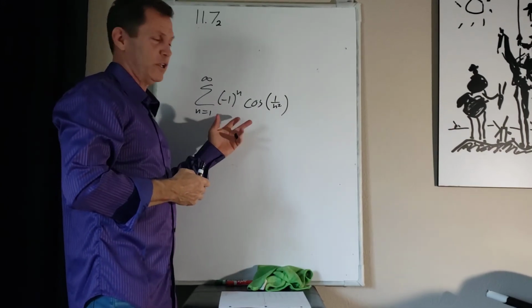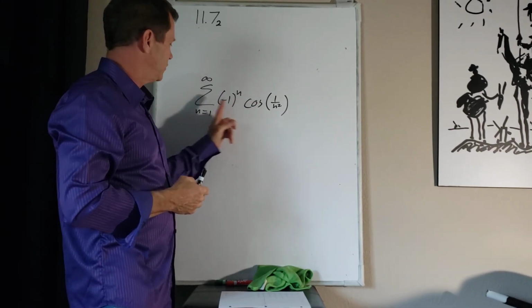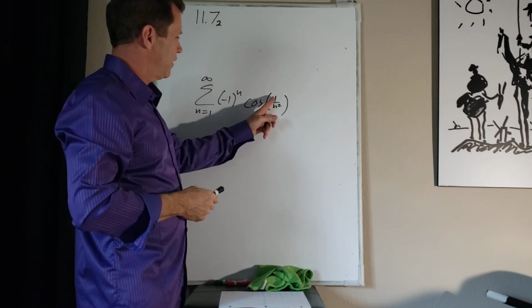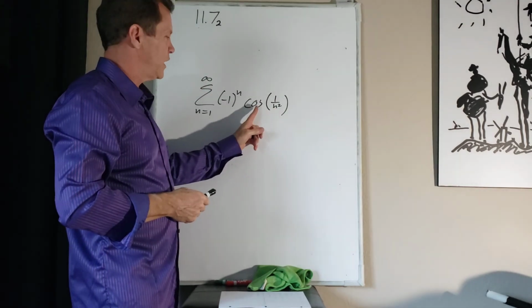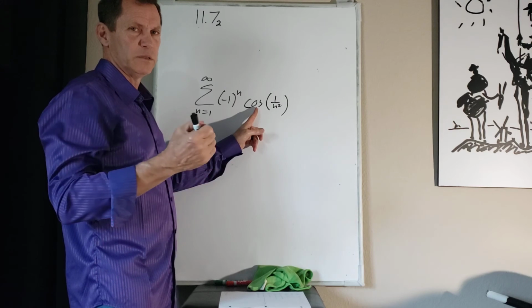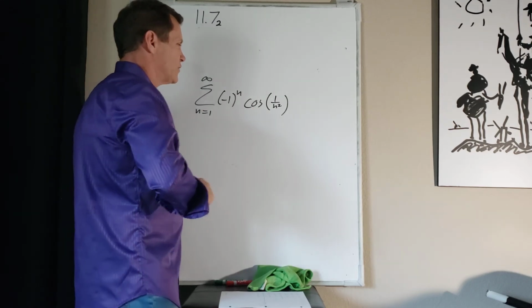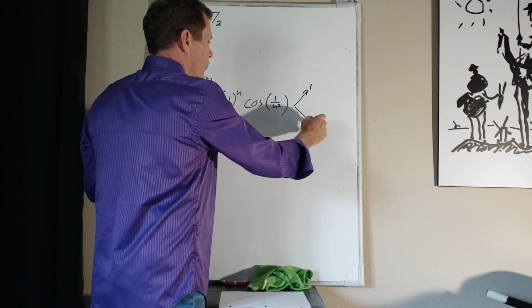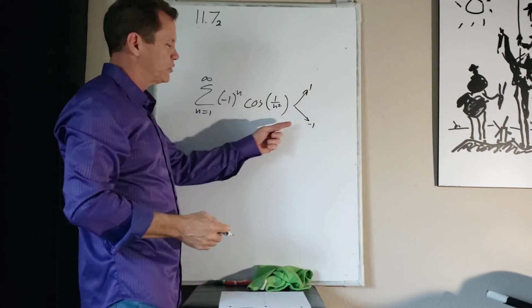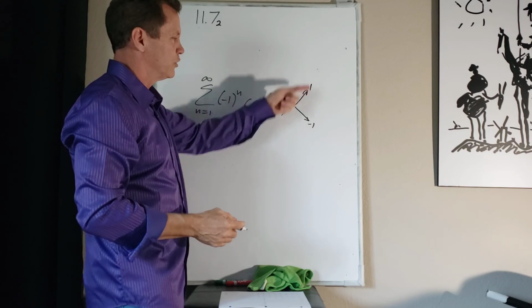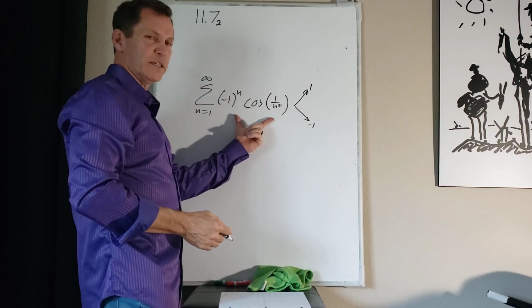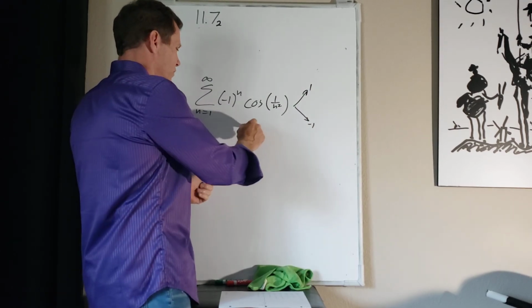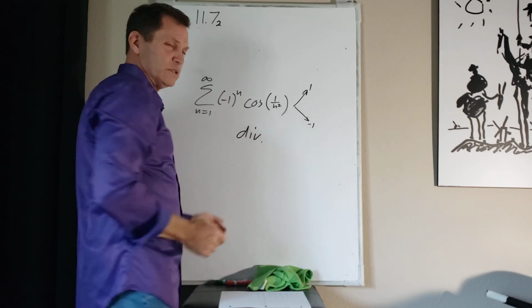Don't let the alternating suck you in. What's happening to the inside? As n goes to infinity, 1 over n squared is going to 0. Cosine at 0 is 1. So this thing is actually bouncing back and forth, getting closer and closer to 1 and negative 1. Did the terms go to 0? No, they did not. So this diverges.